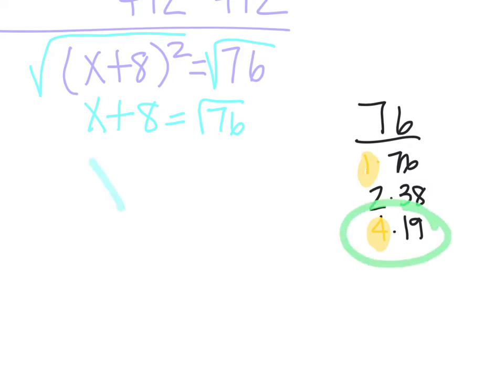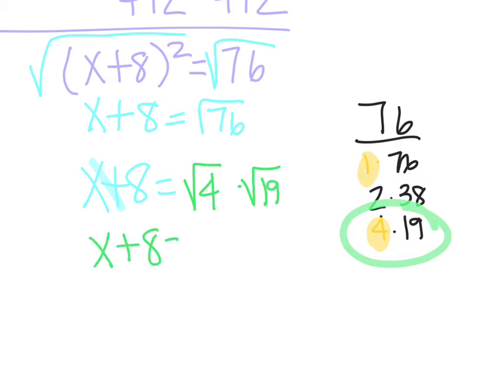So I can rewrite this as x plus 8 equals the square root of 4 times the square root of 19. And the square root of 4 is really positive and negative 2. So now I have x plus 8 equals positive and negative 2 times the square root of 19.